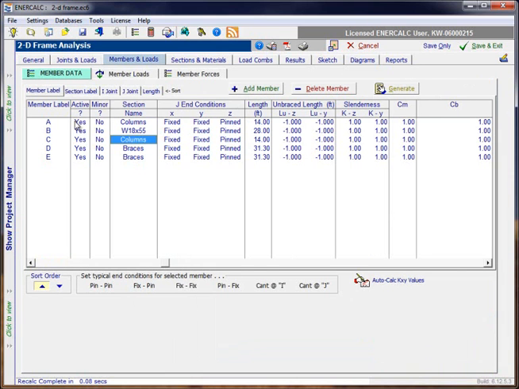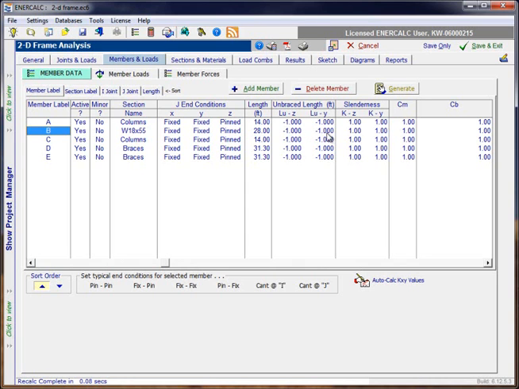So what we could do is find the beam, which is member B. And what we could do is say that for buckling about the Z, the strong axis, the axis that is perpendicular to the plane of the frame because our member is oriented in the strong direction, we might say that for that direction, the member is to be considered as unbraced for its full length. So for strong axis buckling, the member would be considered to be unbraced for its full 28-foot length if we left the value of -1.